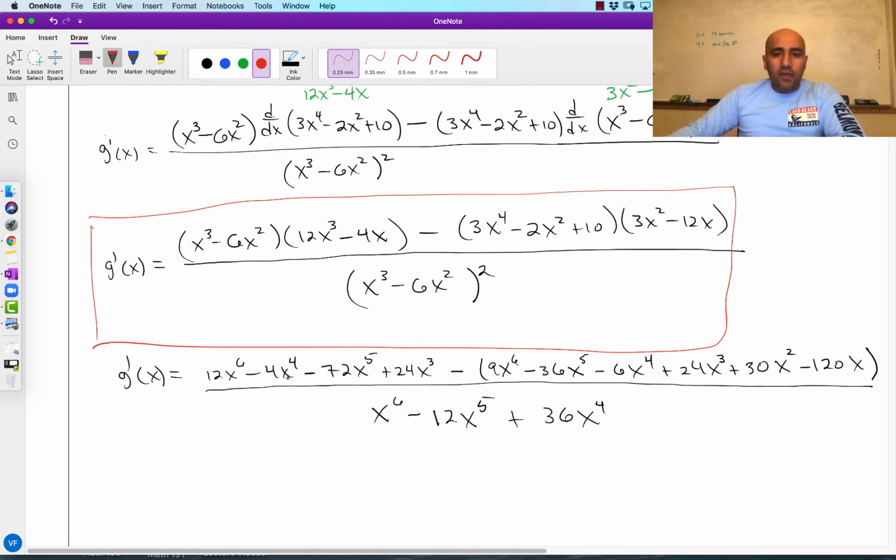X to the 6th power, that would be this guy and this guy. Remember, that's going to be minus 9, so this would be equal to minus 9x to the 6th power. Now taking care of the x to the 5th powers, there's the minus 72 minus 36.